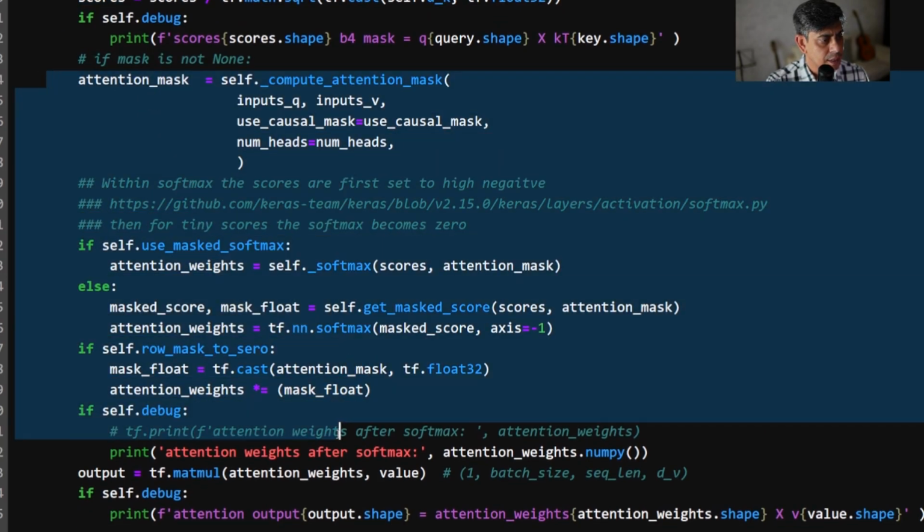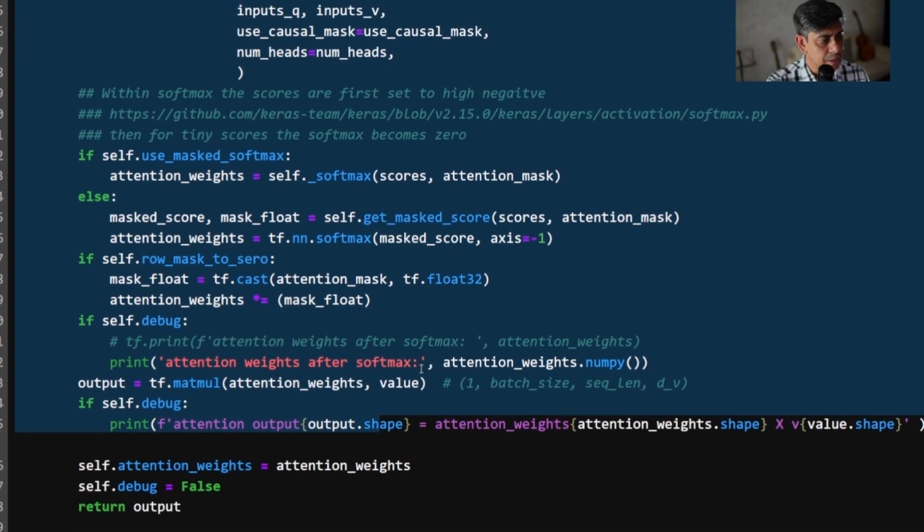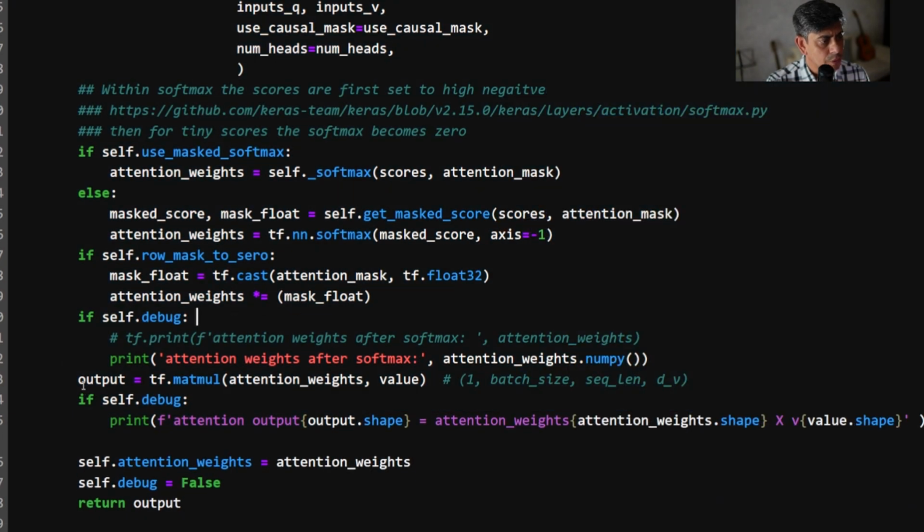First you understand only the self-attention portion. So this output is now the matrix multiplication of the attention weight and the value. In this line, the score is applied on softmax, and then the attention weight, which is coming from the softmax, is applied on the value.